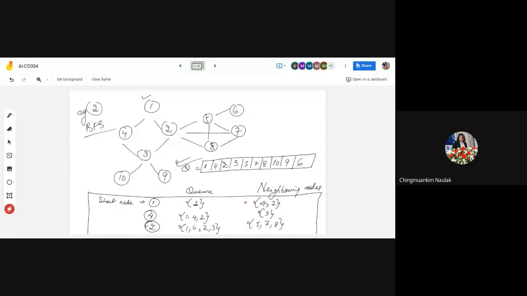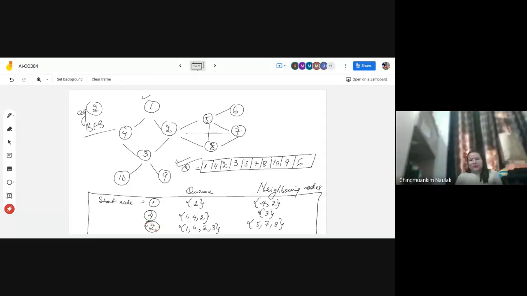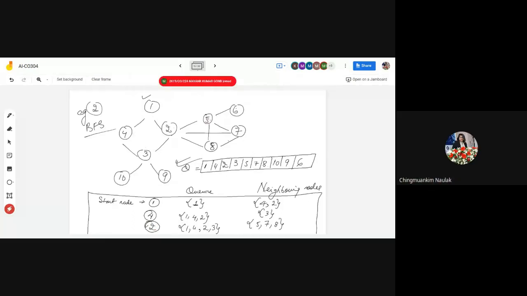It is 1 also, but 1 is already explored, so you leave it. The unexplored node is 3. Then in the next queue you have 1, 4, 2 and 3.